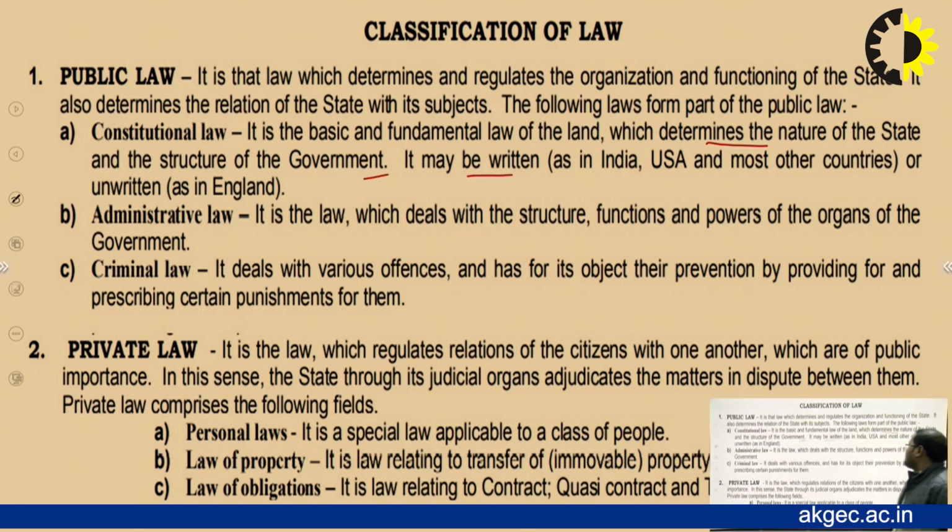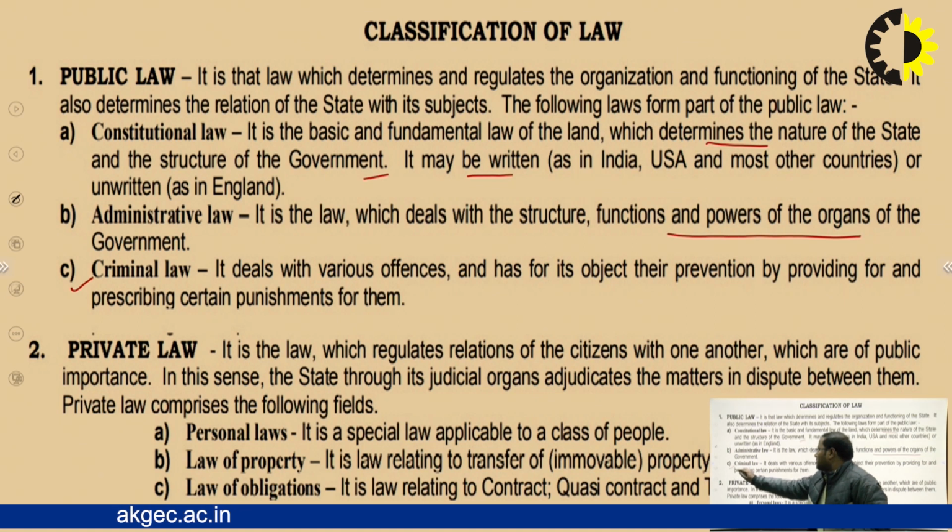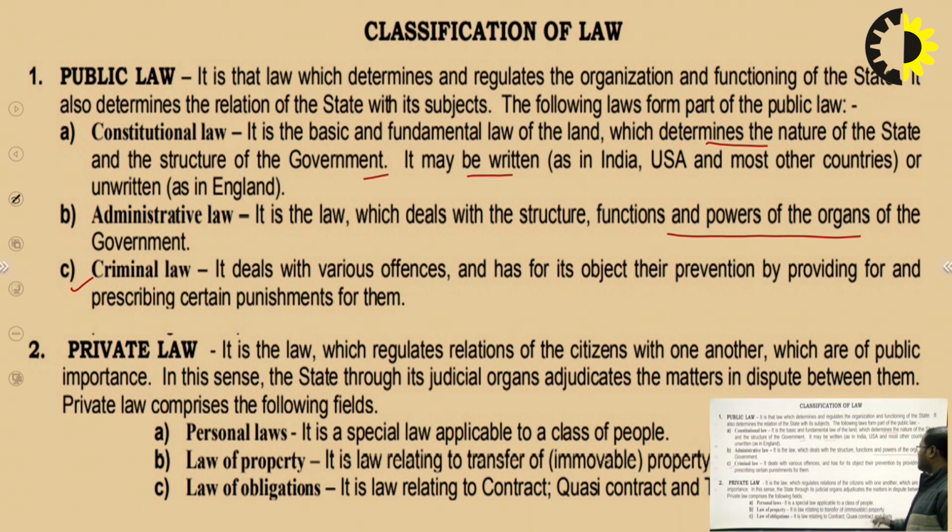It may be written, as in India, USA and most of the other countries, and unwritten, as in England. Administrative law is the law which deals with the structure, function and power of the organs of the government. The third subcategory of public law is criminal law. It deals with various offences and has for its object their prevention by providing for and prescribing certain punishment for them.